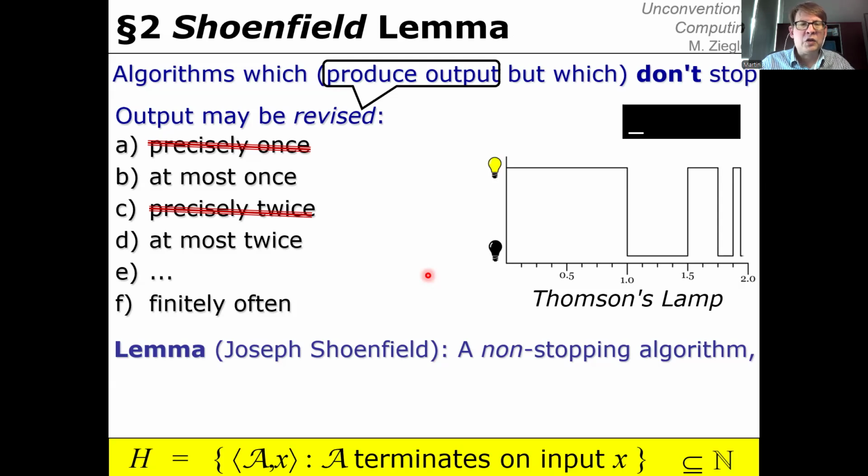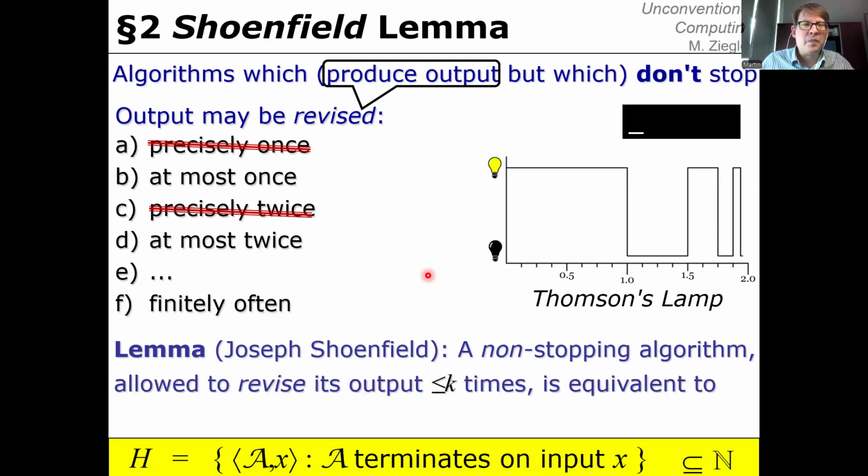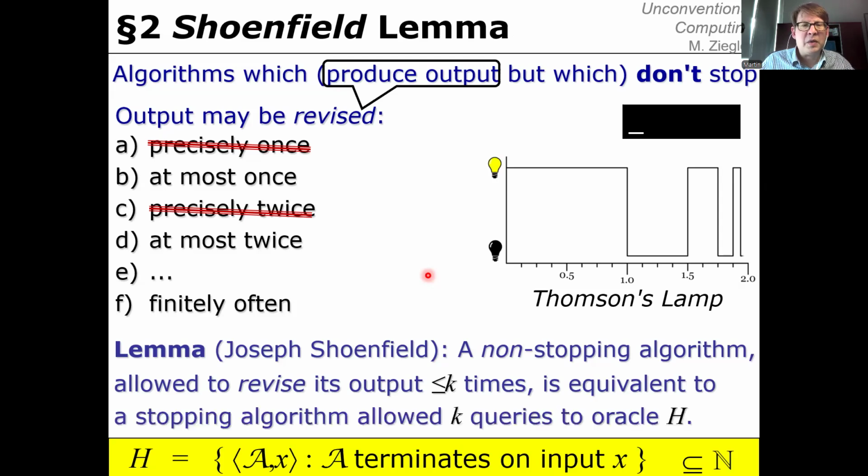And Shoenfield's lemma states that a non-stopping algorithm allowed to revise its output at most k times, not exactly, but at most k times, is equivalent to a terminating algorithm, a stopping algorithm, which is allowed to make k queries to the halting oracle.